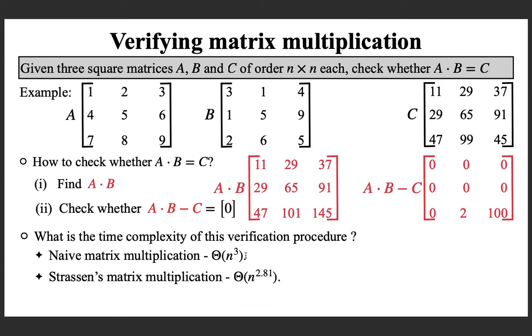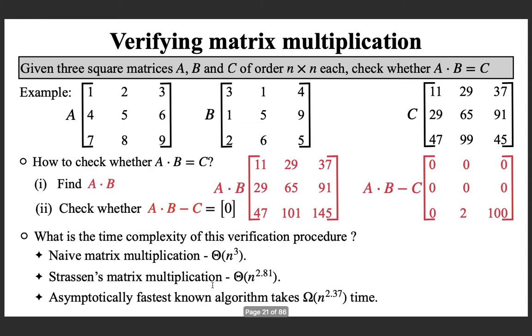Another efficient matrix multiplication algorithm is proposed by Strassen, whose complexity is theta of n to the power 2.81 using divide and conquer. The asymptotically fastest known algorithm takes order of n to the power 2.37 time.